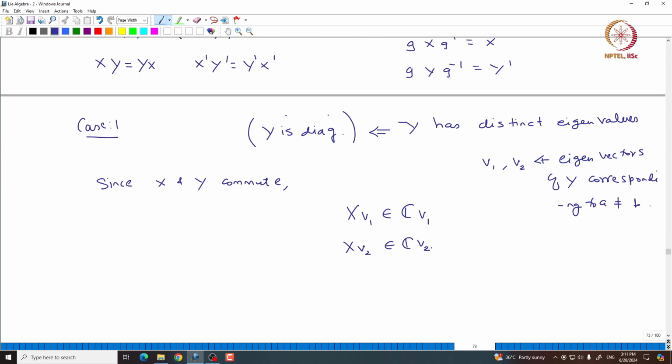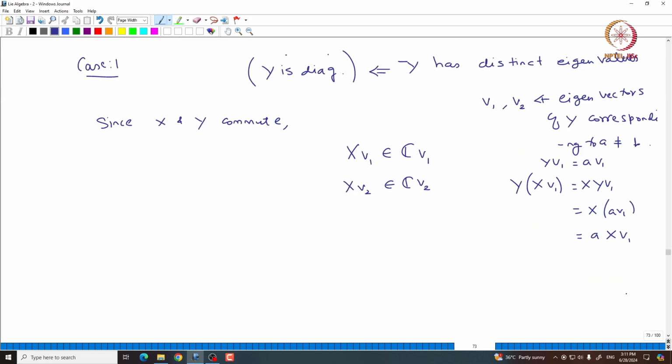It is a simple calculation, because if we take x V1 and then apply y, then we get x y V1. So, y V1 is just A V1, so you get A x V1. So, that means x V1 becomes again, if it is non-zero, an eigenvector corresponding to the eigenvalue A, but that is actually a one dimensional space.